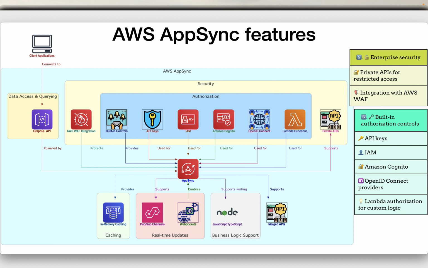Built-in authorization controls with support for API keys, IAM (Identity and Access Management), Amazon Cognito, OpenID Connect providers, and Lambda authorization for custom logic. Merged APIs to support federated use cases.